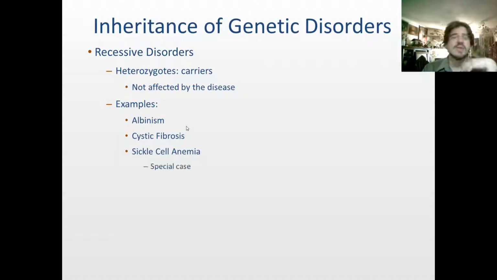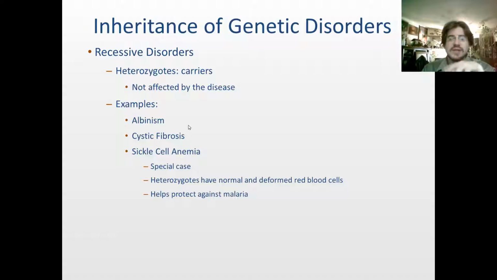Sickle cell anemia, recessive. That's sort of a special case there because in this case, heterozygotes have normal and deformed red blood cells. And sickle cell anemia is cool because the deformed red blood cells can't be infected by the organism that causes malaria. So you actually have resistance to malaria if you have sickle cell anemia.